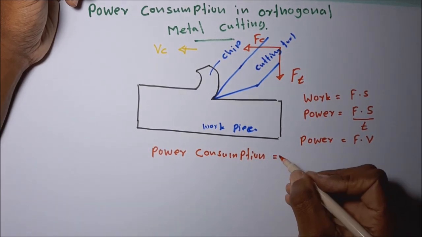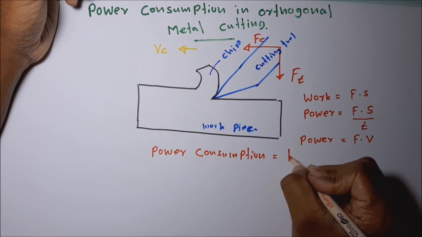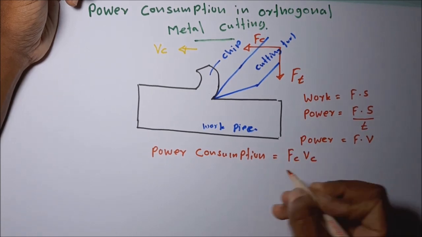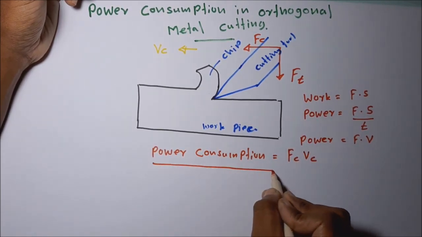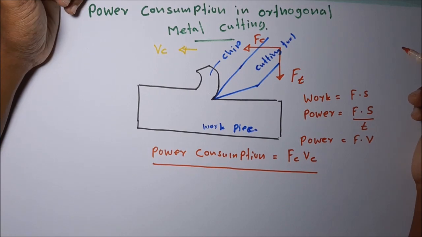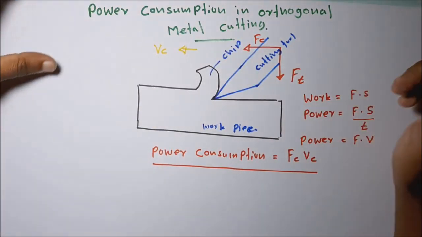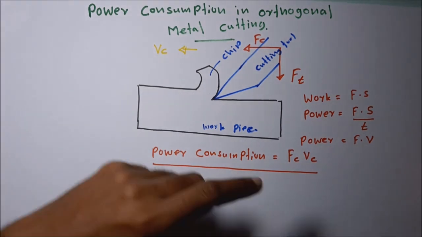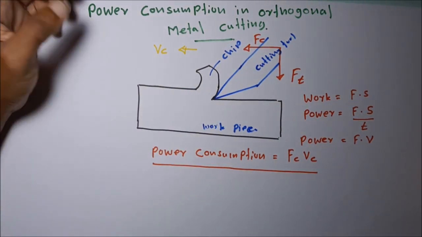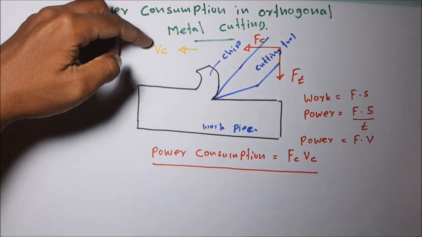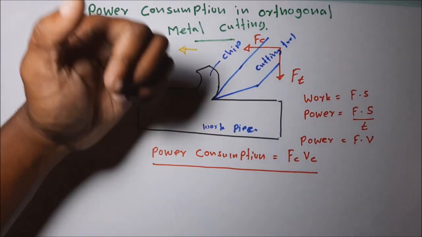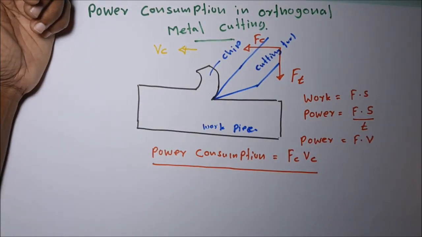Power consumption is equal to Fc into Vc. This is the power consumption in orthogonal machining operations, force into velocity.